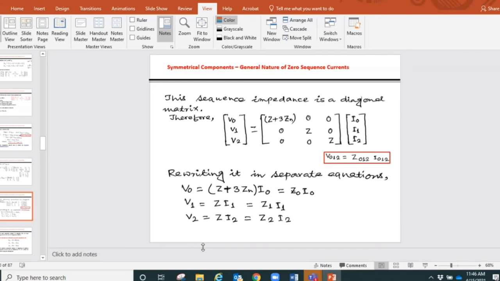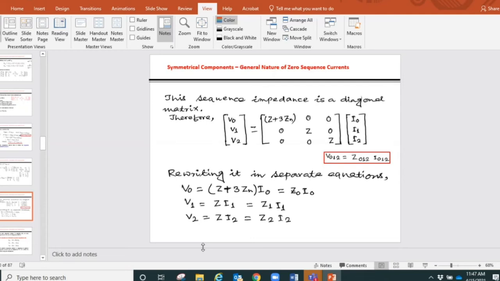So from this, what we see for the zero sequence is that the neutral impedance is present, and not only that, it is multiplied by 3. Whenever there is an impedance between the neutral point and the ground, it will appear in the zero sequence voltage-current equation multiplied by 3, and we can calculate V0 as Z0 times I0, where Z0 is the sum of the phase impedance and the impedance of the neutral multiplied by 3.